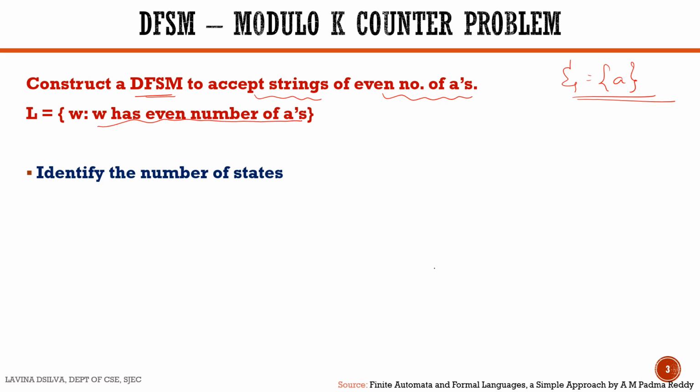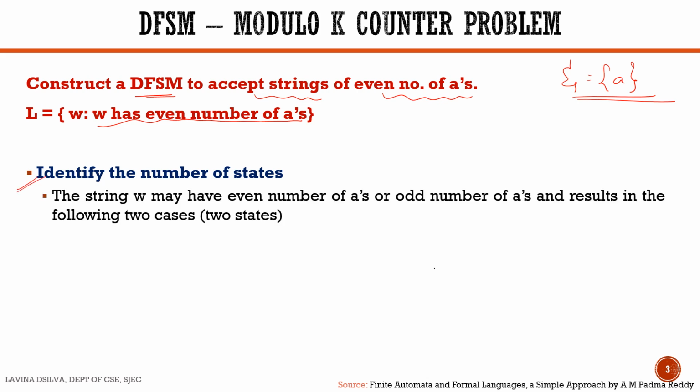So the first step in DFSM construction for a modulo K-counter problem is to identify the number of states. Now, the string W can have an even number of A's or it can have an odd number of A's. But whatever is the case, it will result in only two states or two cases.